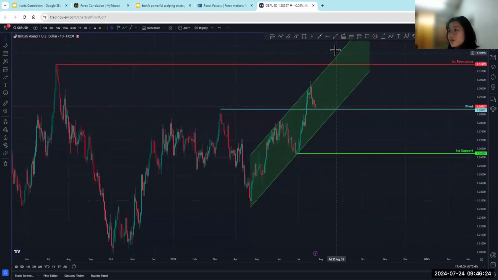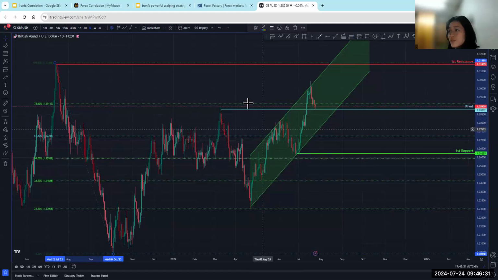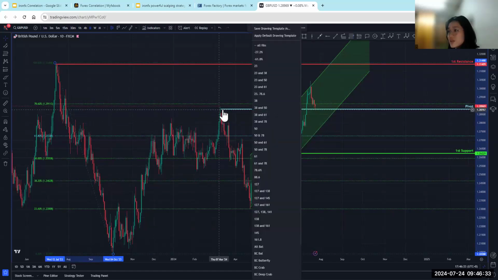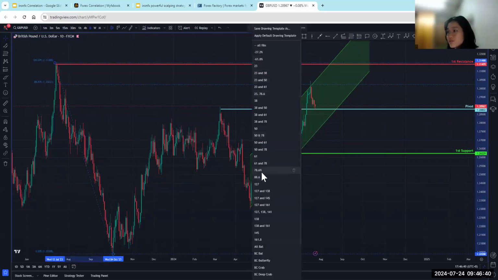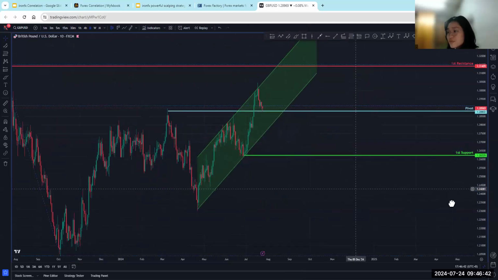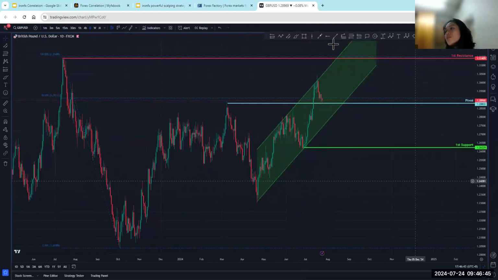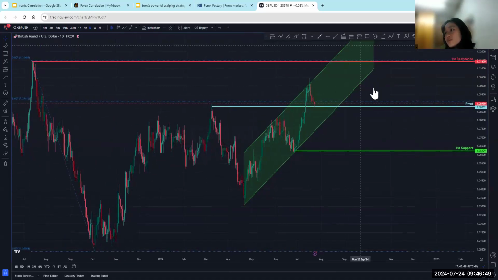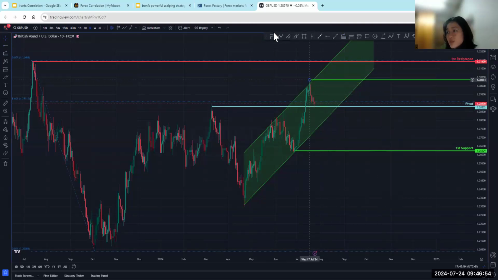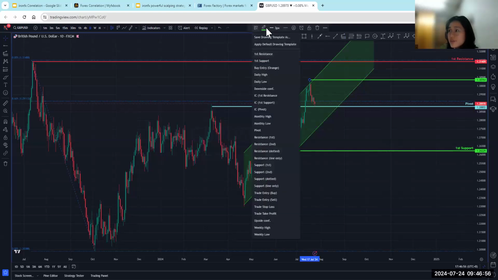So I'm going in with my Fibonacci levels again, starting off with a retracement. My 78.6 lines up nicely with my pivot. I'm going to place an intermediate resistance here as well, since it's a swing high.